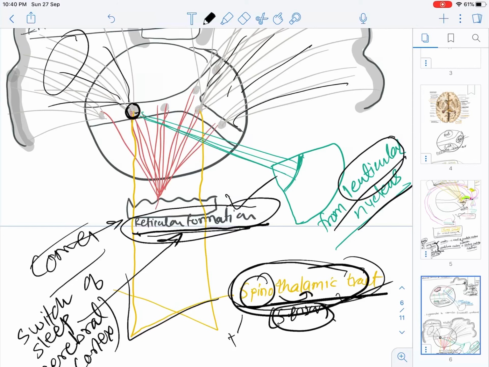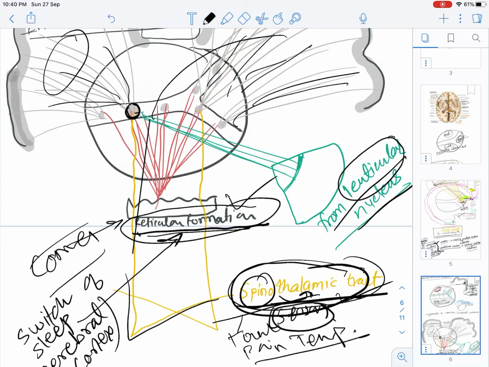Why? Because the spinothalamic tract carries touch, pain and temperature. This sensation goes to the reticular formation, and from the reticular formation to the intralaminar nuclei, and from there to the cortex. So they are interconnected with reticular formation, and that's why if someone pinches hard or pours hot water, we wake up, we get aroused.